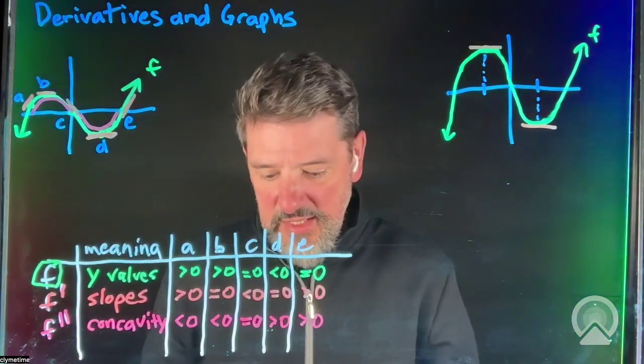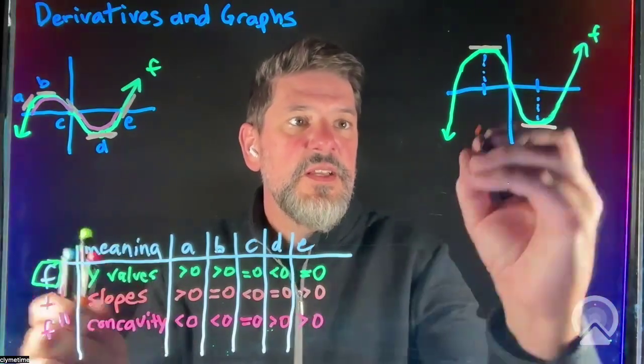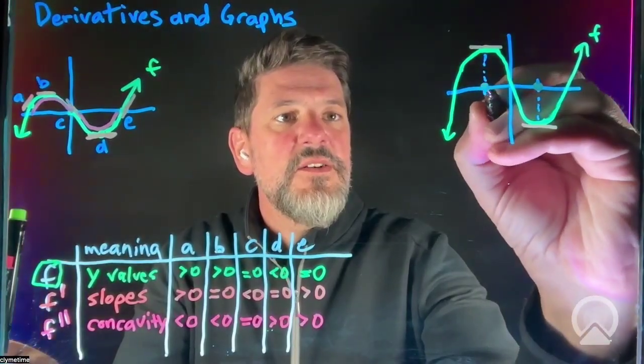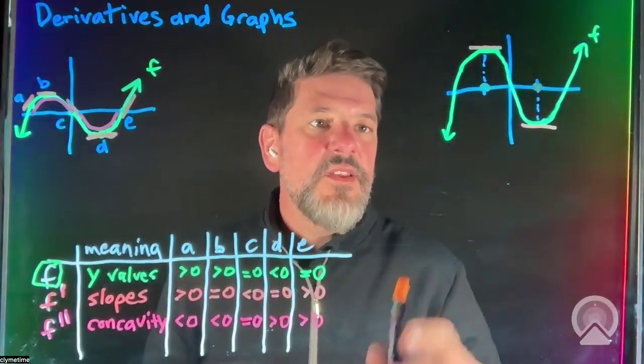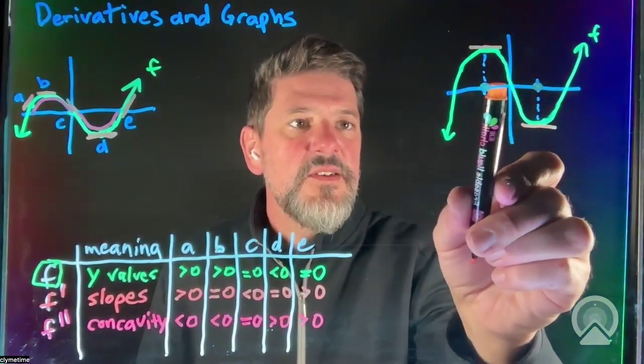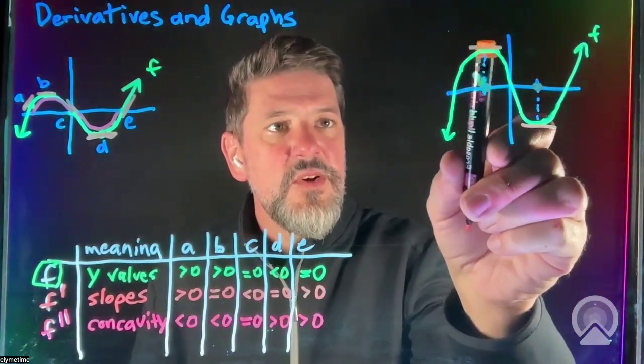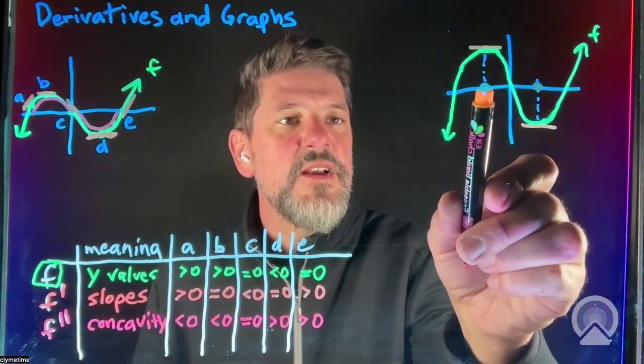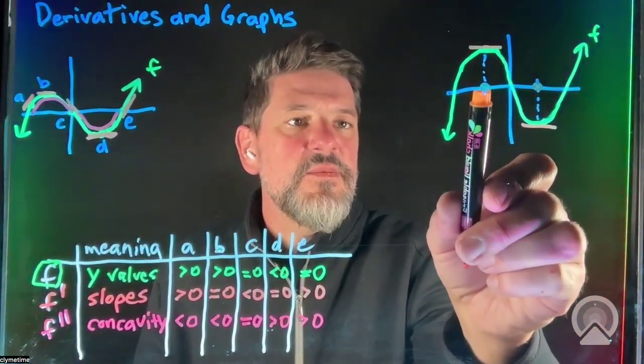So that means f prime is going to have a zero y value here and a zero y value here. Okay, so that means it's going to go through the x-axis here and here because that's where the slope of f is zero. The slope of f is zero here, so therefore the y value of f prime will be zero at that same spot.